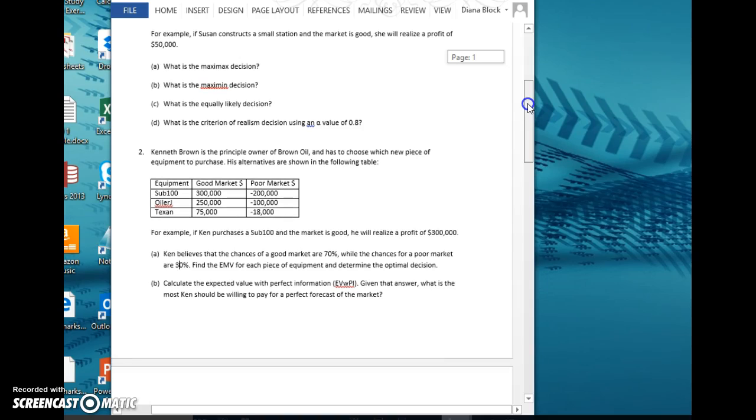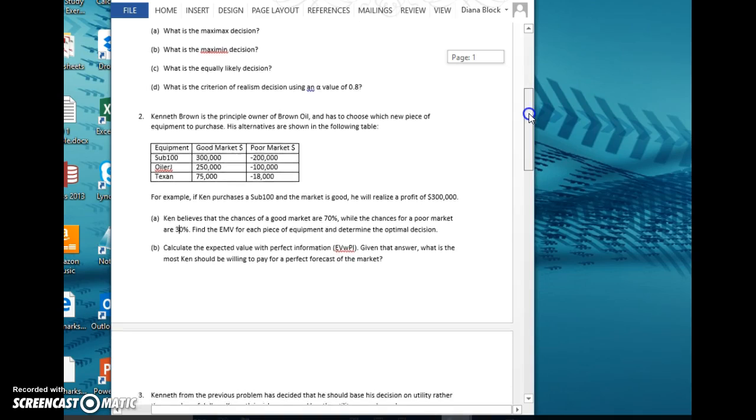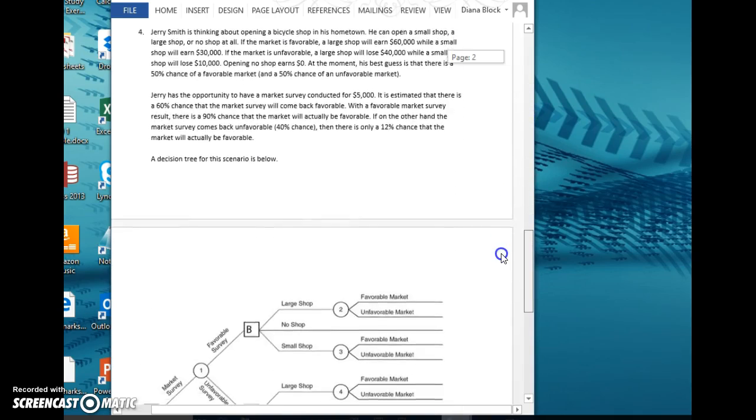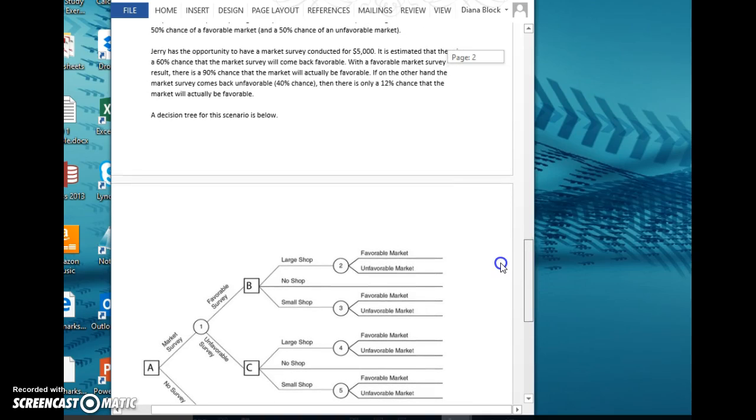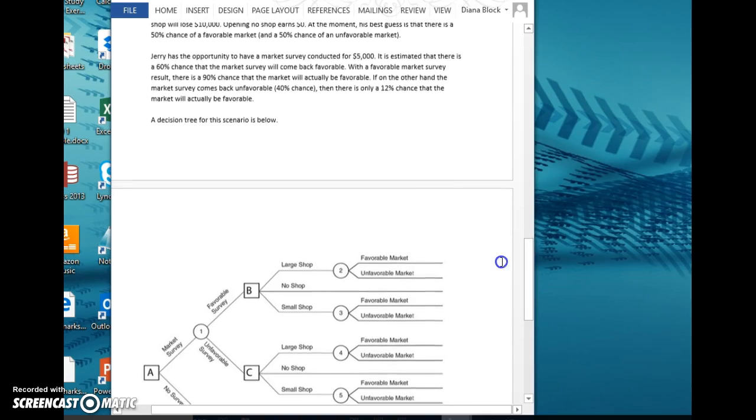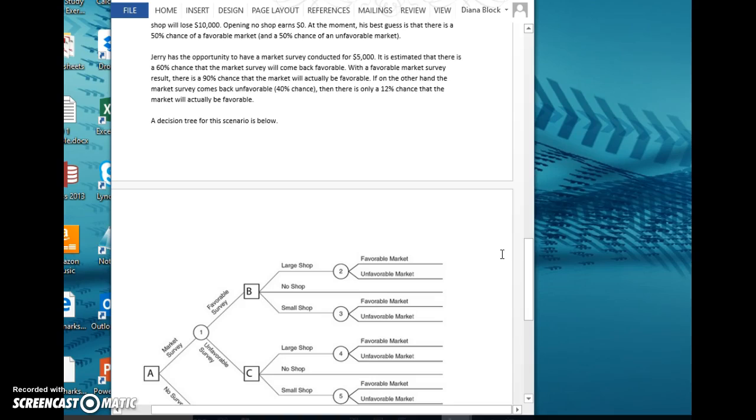That stuff starts on page 71-ish through about 73, 74. And then your last problem, you'll continue to do EMV calculations, expected monetary value. So make sure you use the formulas that are in the textbook for you and just plug in the percentages that are given in this particular problem.